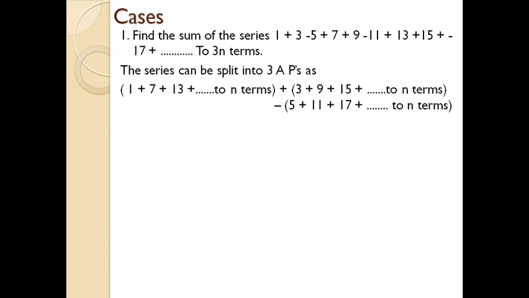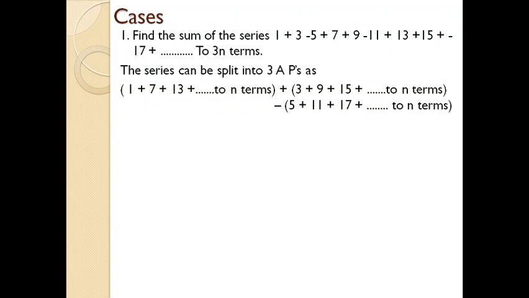And you also get another arithmetic progression: 5, 11 and 17. We used a minus sign in front of the brackets because in the series it's already given minus 5, minus 11 and minus 17.